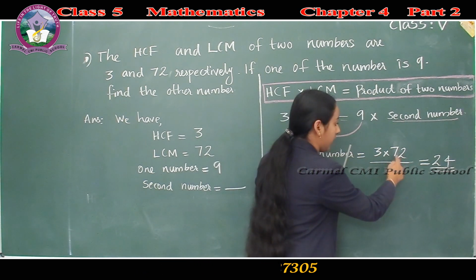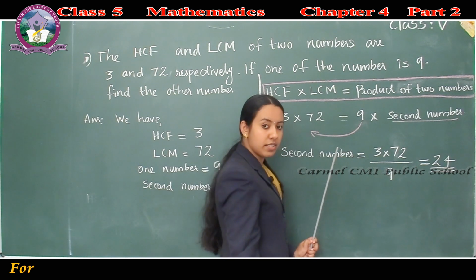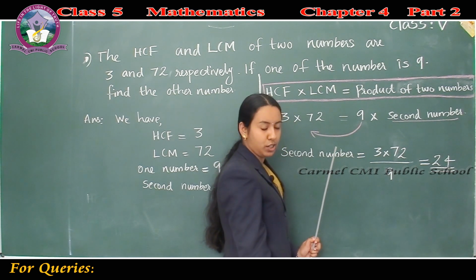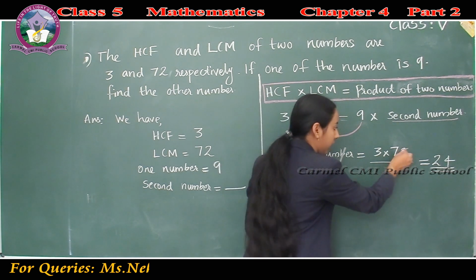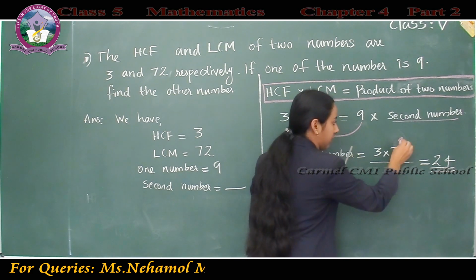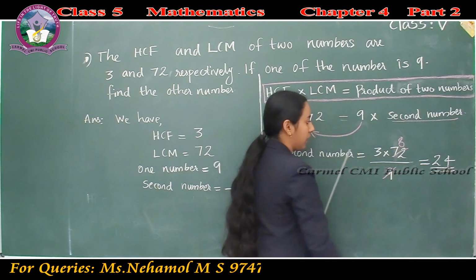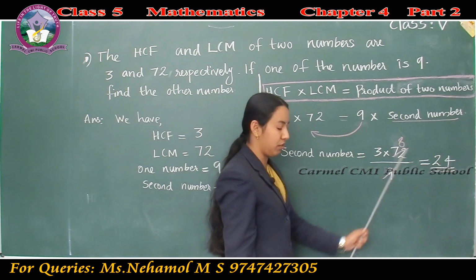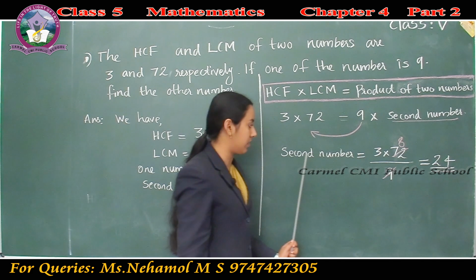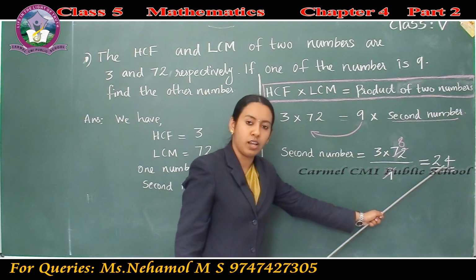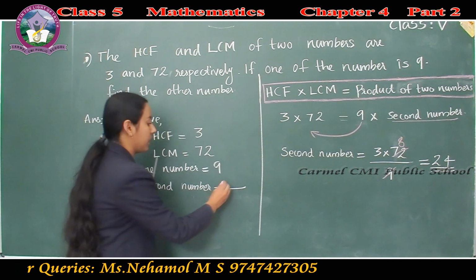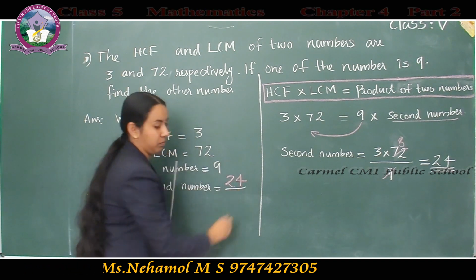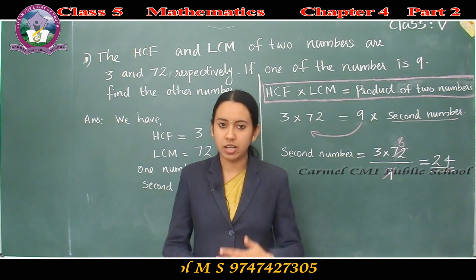Then we know that 72 divided by 9 is 8. 8 9s are 72. We can cut this. Then 3 8s are 24. So the answer is, the second number is 24.